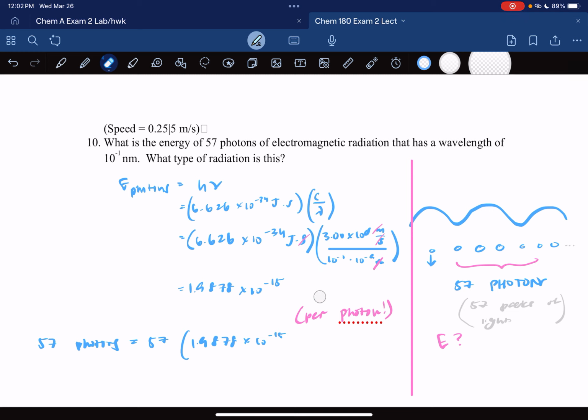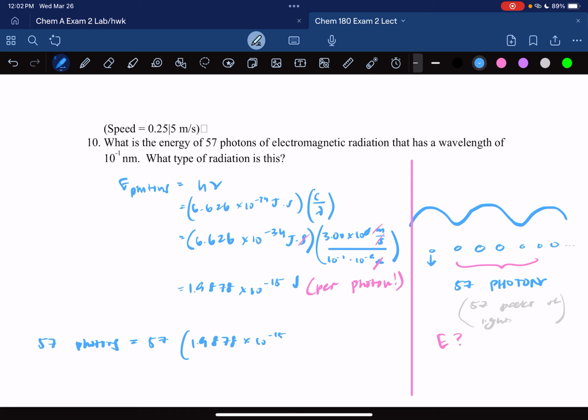So you multiply, the photons cancel out, and you get your total energy: 1.13 times 10 to the minus 15 joules.